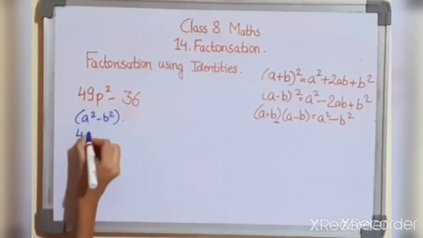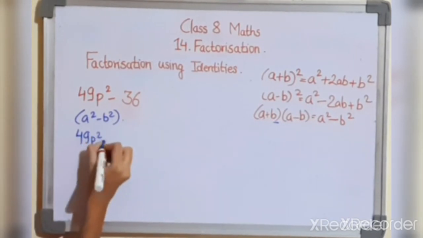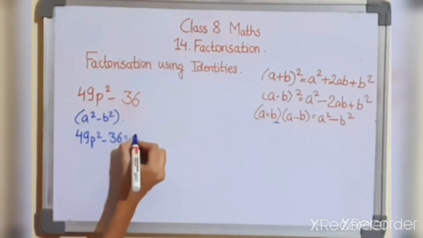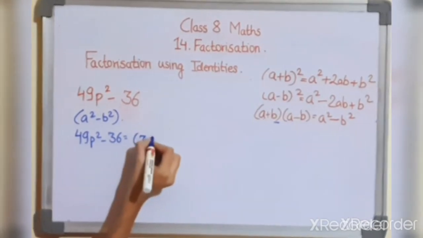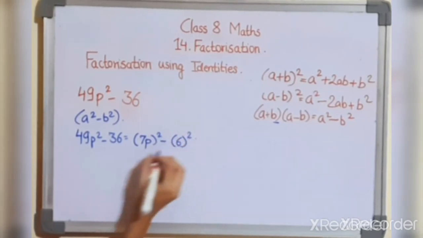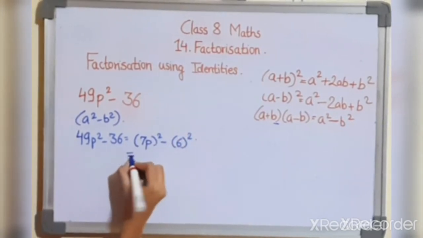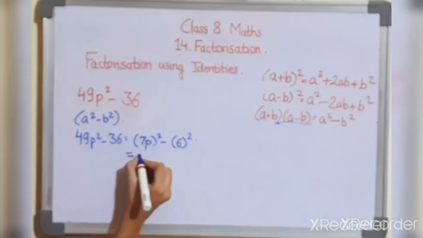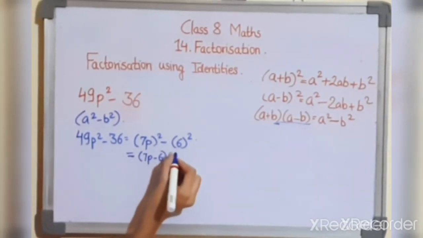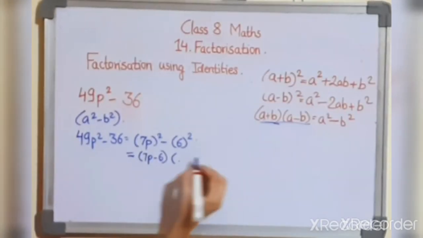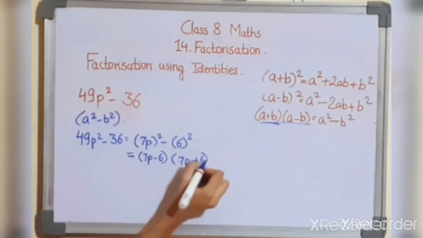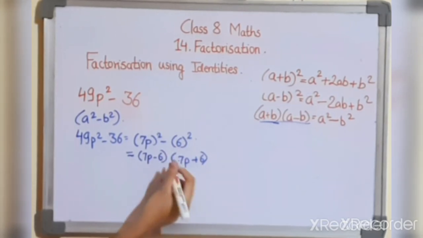Therefore 49p square minus 36 is going to be (7p) square minus 6 square, which is equal to, in the form of (a minus b), 7p minus 6, and in the form of (a plus b), 7p plus 6. So this is the required factorization.